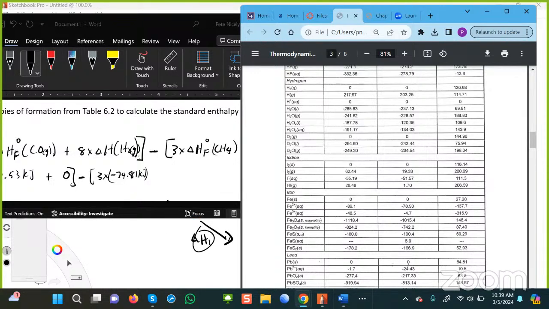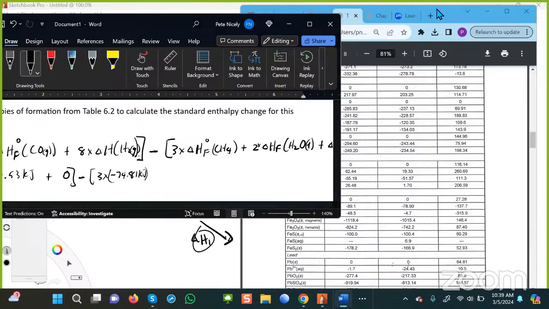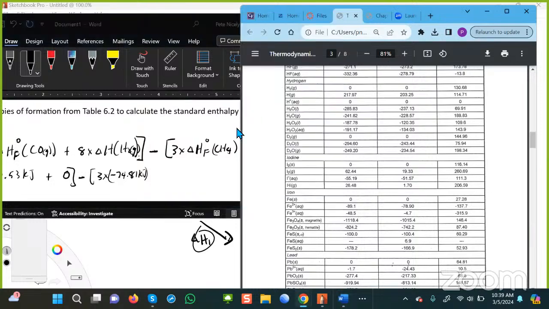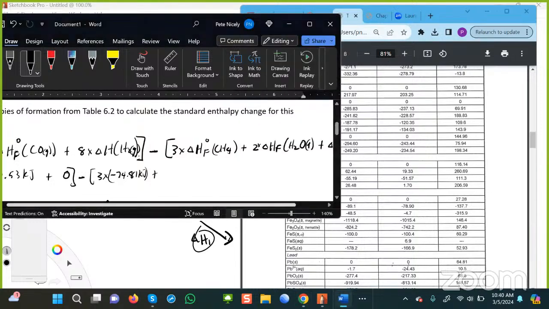So 2 times minus 285.83, this should be minus kilojoules. All right.